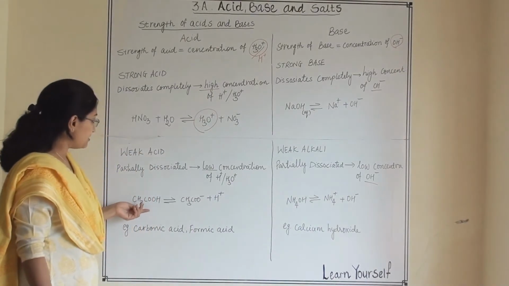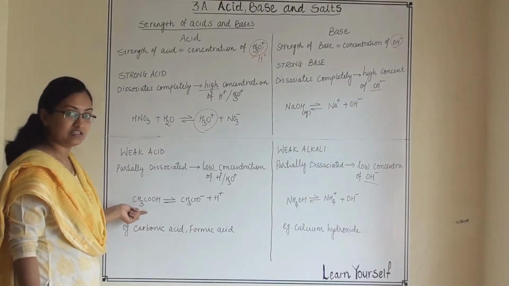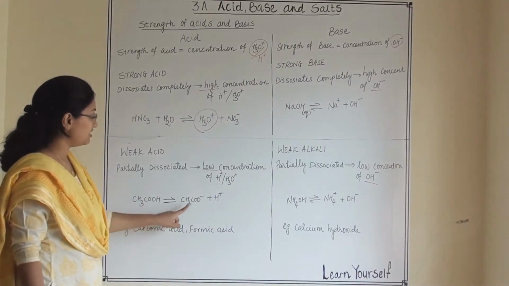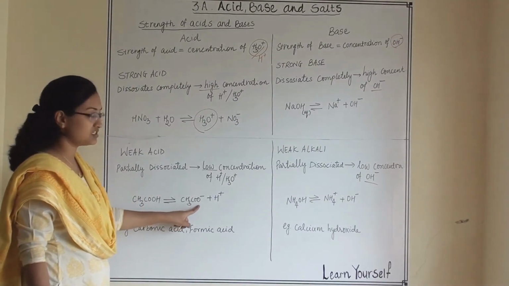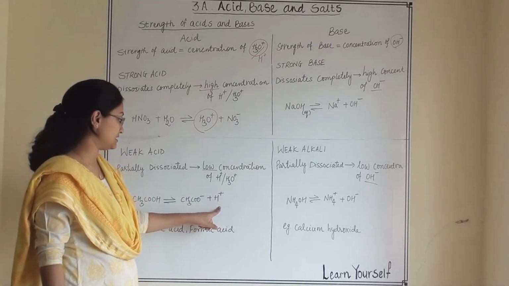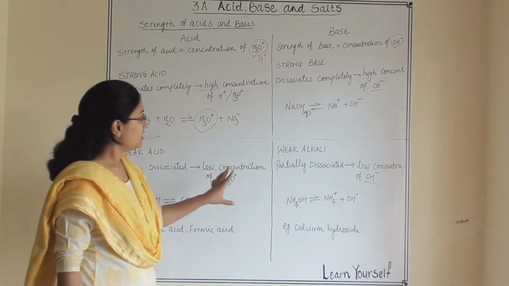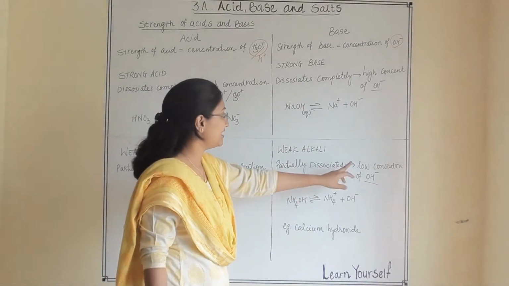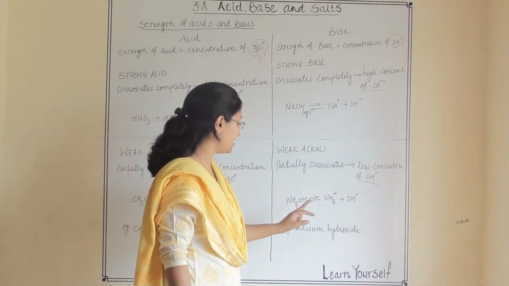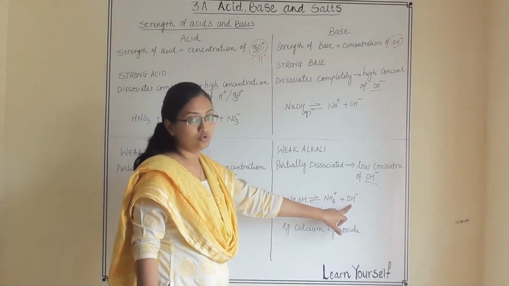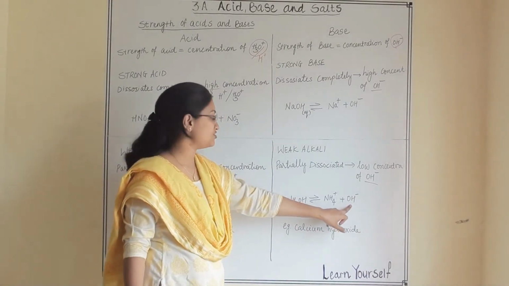Now what is an example of a weak acid? Acetic acid. The molecular formula is CH3COOH and it gives you CH3COO minus, the acetate group, and H plus. This is a weak acid. When it is a weak alkali, it dissociates partially and gives a low concentration of hydroxyl ion, for example ammonium hydroxide, which gives a low concentration of OH minus.